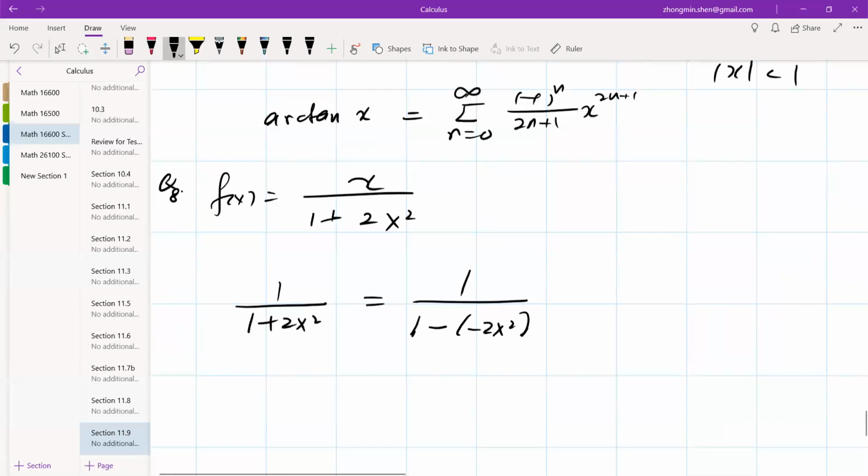This is a u, right? So 1 over 1 minus u. According to the known formula, it is going to be the sum of u to the power n, so negative 2x squared to the power n.